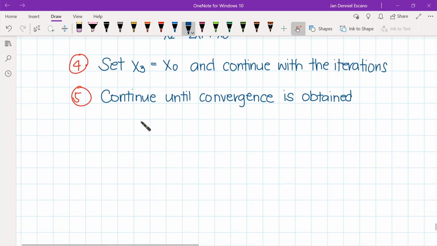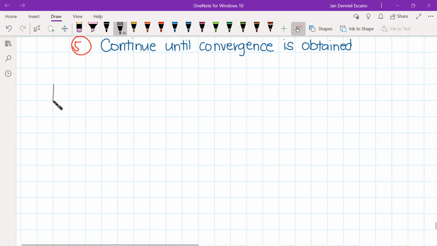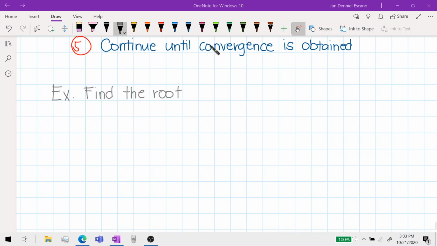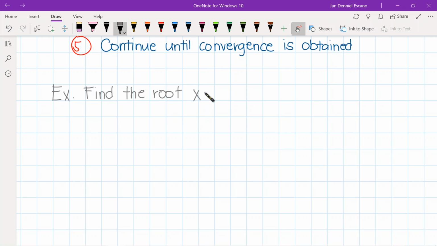Okay? So for example, we need to find the root of an equation. So we need to find the root of x e raised to x minus 1 is equal to 0.